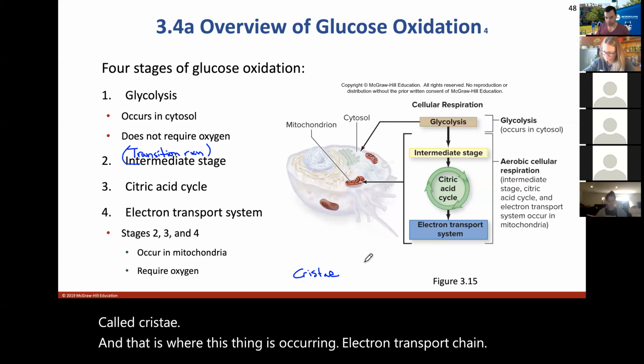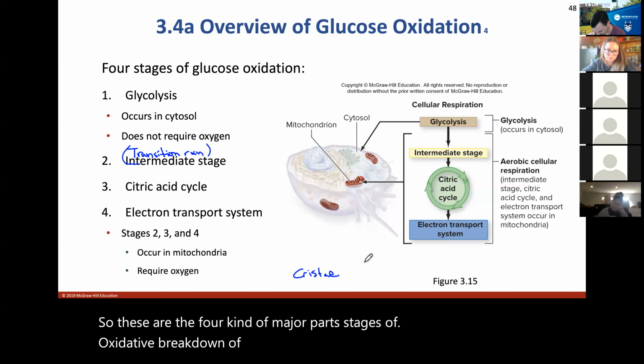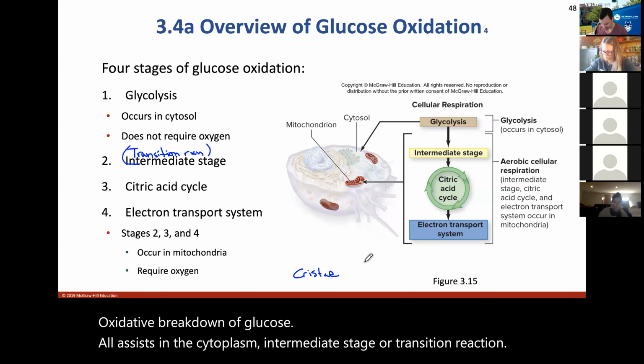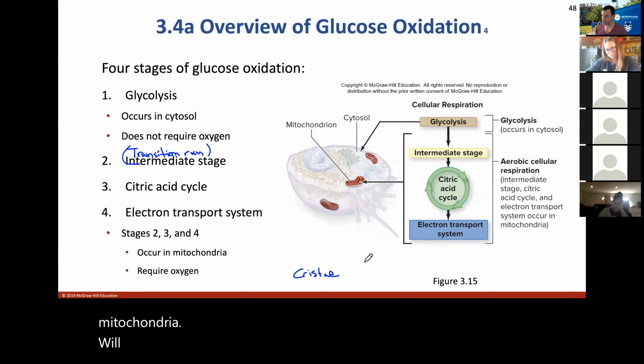So these are the four major stages of oxidative breakdown of glucose. Glycolysis in the cytoplasm, intermediate stage or transition reaction, citric acid cycle, and the electron transport chain all occurring within the mitochondria, whether it be the matrix or the cristae, depending upon which one you're talking about.